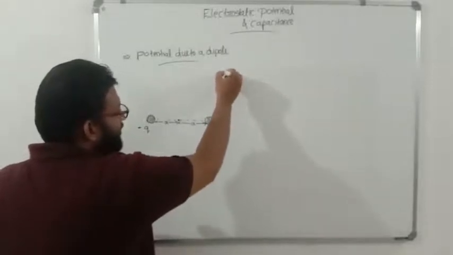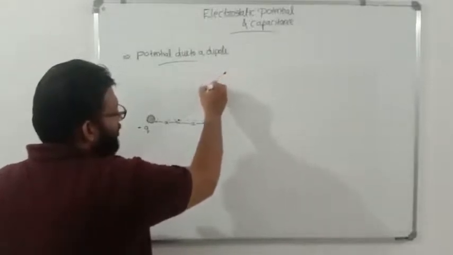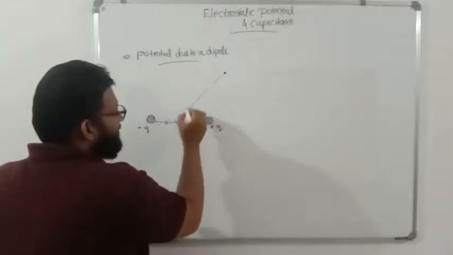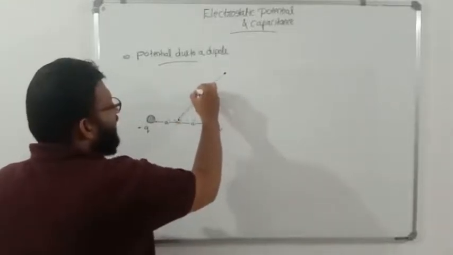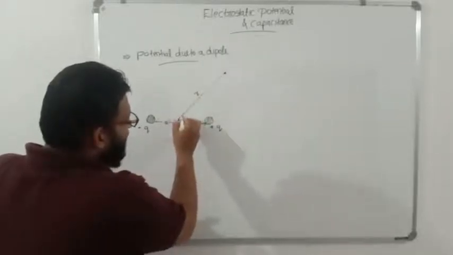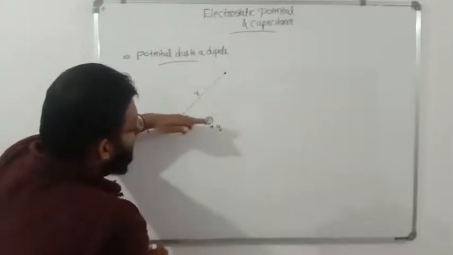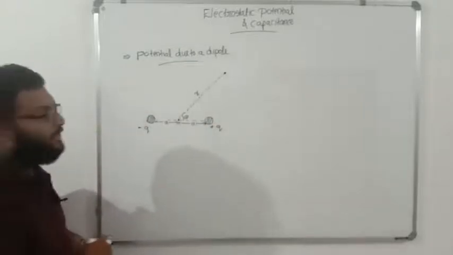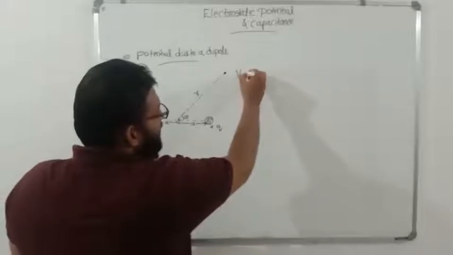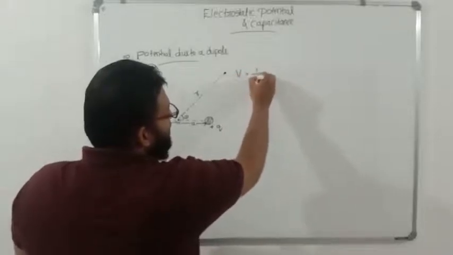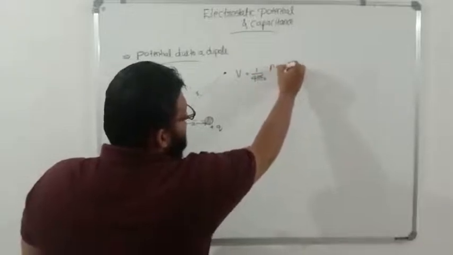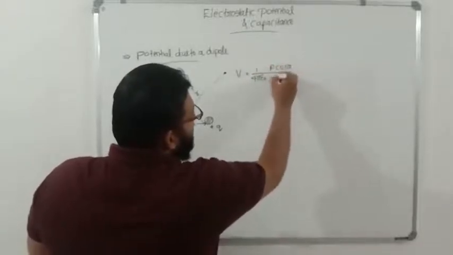If we draw a line joining that point from the center of the dipole, we can see that the distance is r. And this line is making an angle theta with respect to the length of the dipole. Then the potential at this point, V, is equal to 1 by 4 pi epsilon 0 times p cos theta divided by r square.